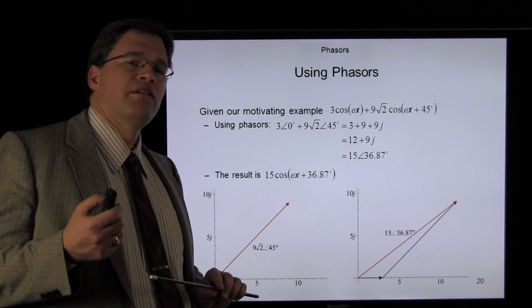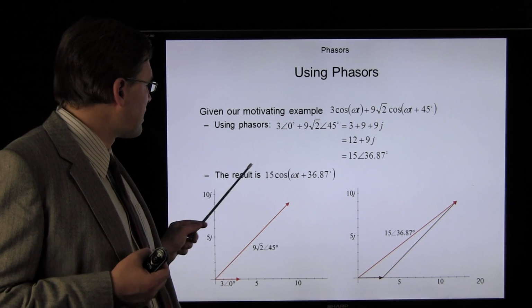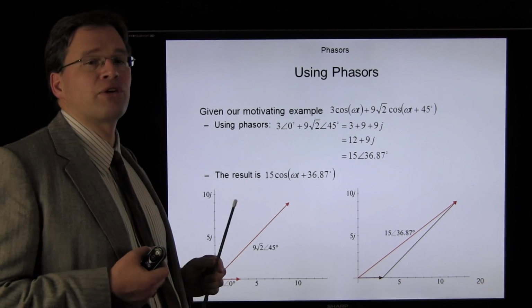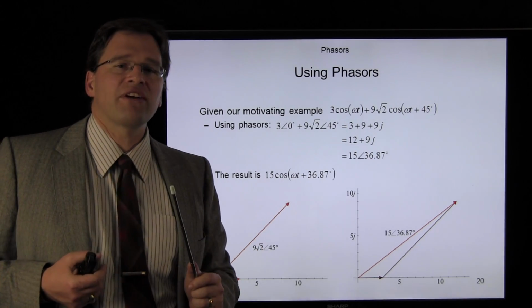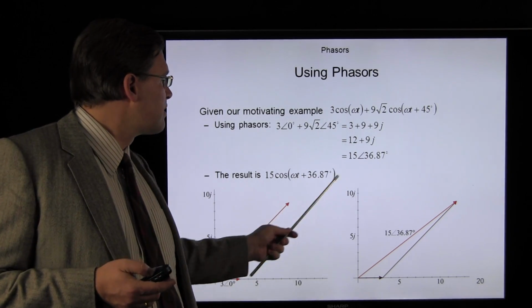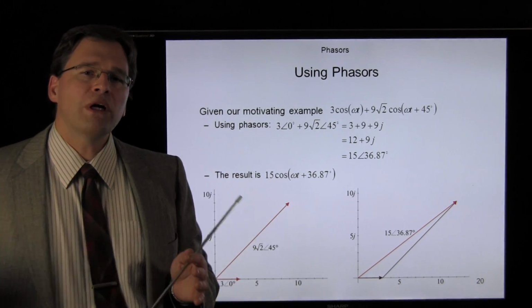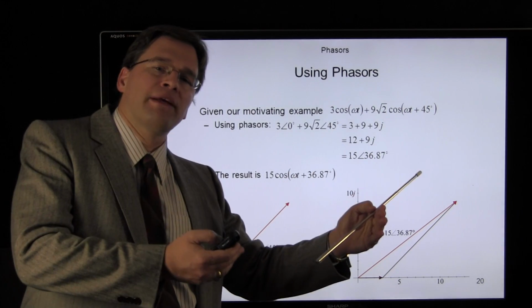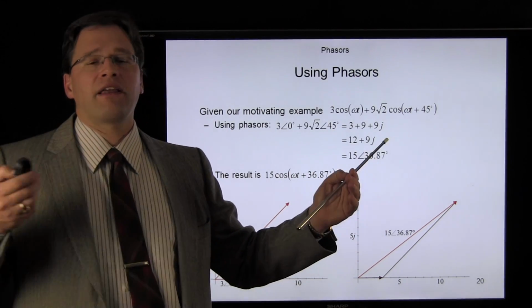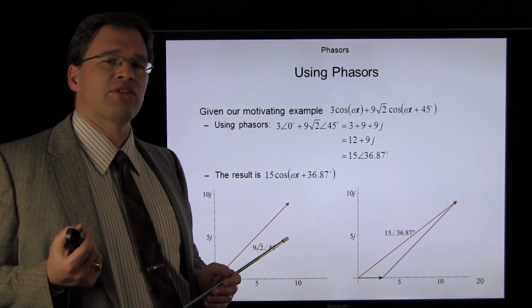This complex number, or this phasor, is associated with the trigonometric function 15 cos omega t with a shift of 36.87 degrees. Notice that there is a one-to-one relationship between every single complex number and every single sinusoid with a different amplitude and different phase shift.